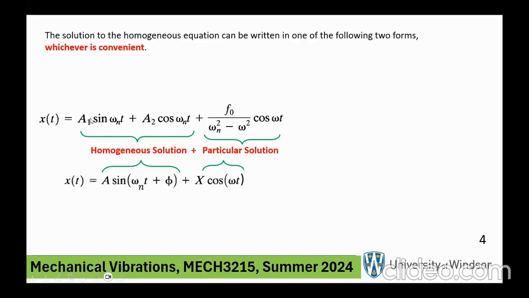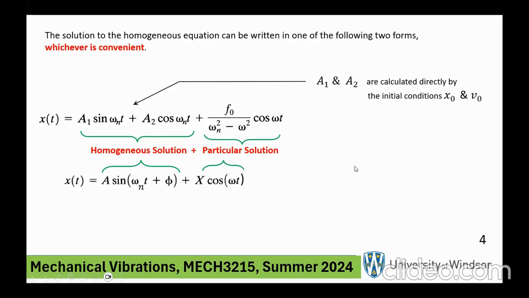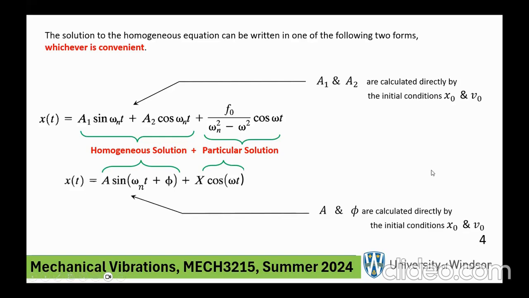And you get this. All right, let's move on. Both A1 and A2 depend on the initial position and the initial velocity. And the same thing, the amplitude big A and the phase depend on the initial conditions.